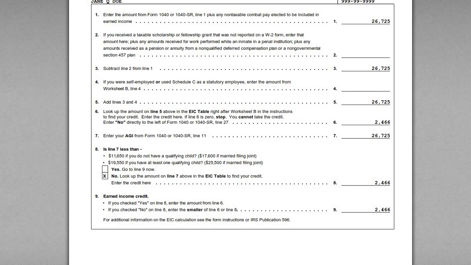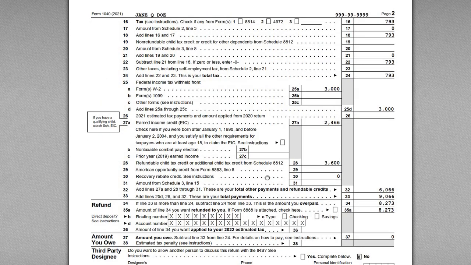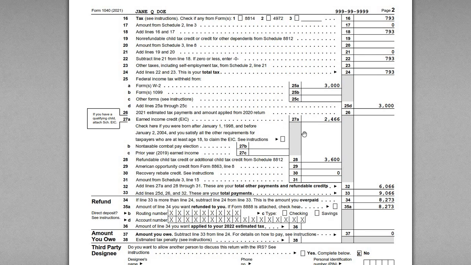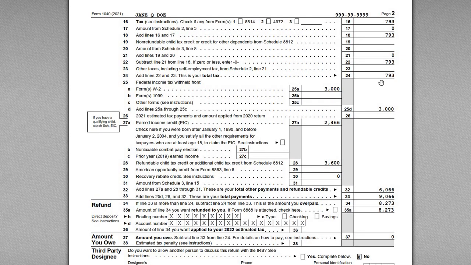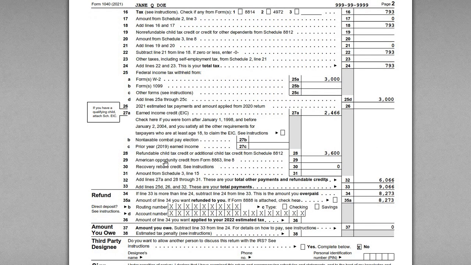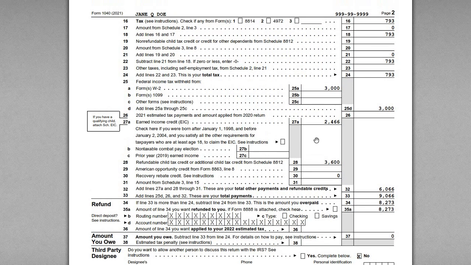Now, once we have that number, it is then reported on page 2 of Form 1040. So there's line 27a, $2,466. Okay. And then you'll also note here that Jane did get the child tax credit, so $3,600 there on Schedule 8812. Again, I'm not going to go over that in this video. That's a separate one, which I'll have a link to below. But this is a common fact pattern for a lot of parents in the U.S. They'll get the earned income credit if they're on the lower income side, and then they'll also get the refundable child tax credit for their children.